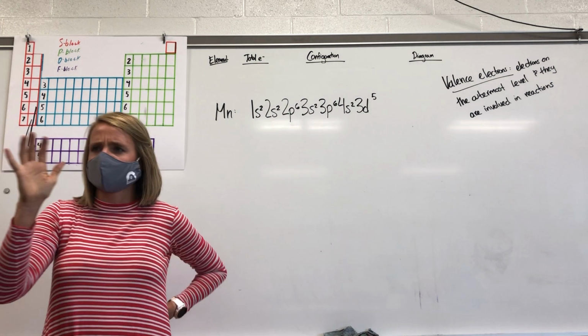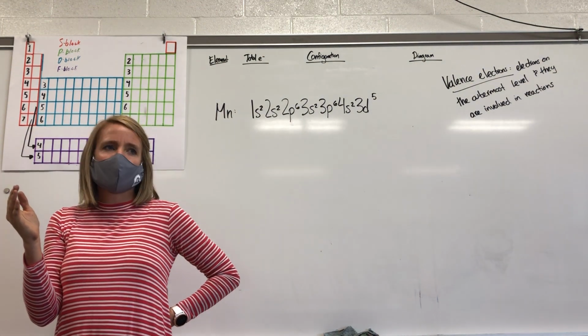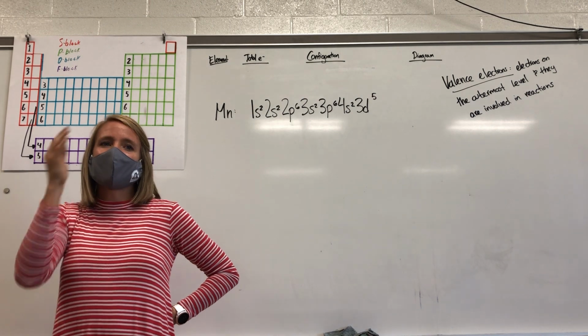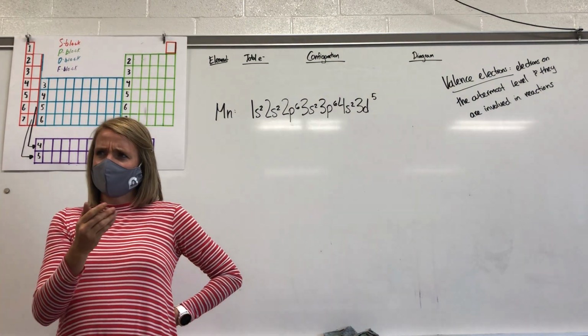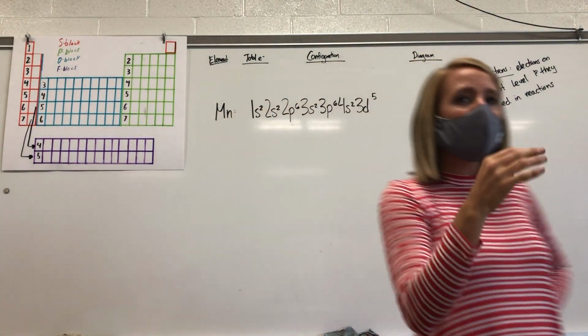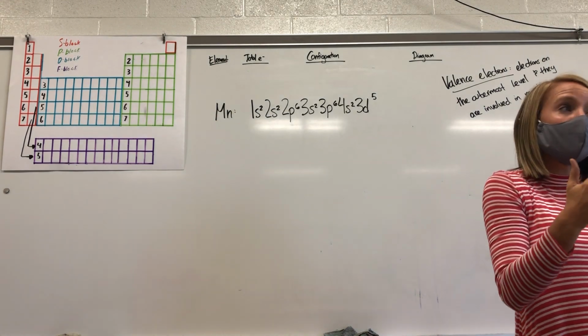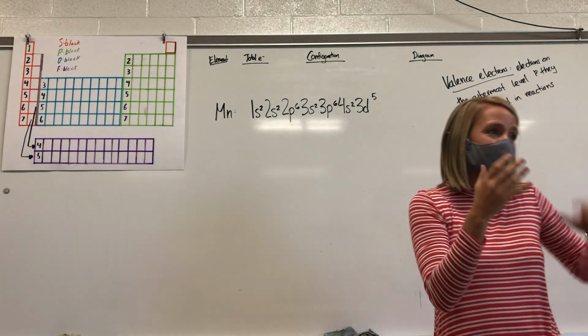So what was Aufbau's rule? What did it say in terms of the order we fill? What do we fill by? Increasing energy, not location. So we get this weird thing where the 4s is lower in energy than the 3d. It's often because it's so small.